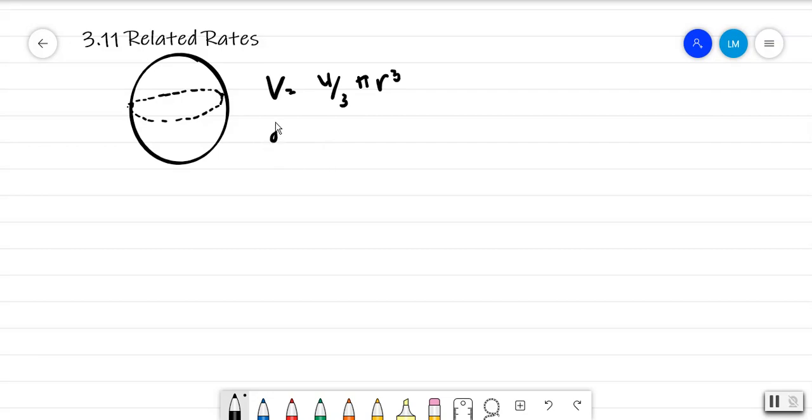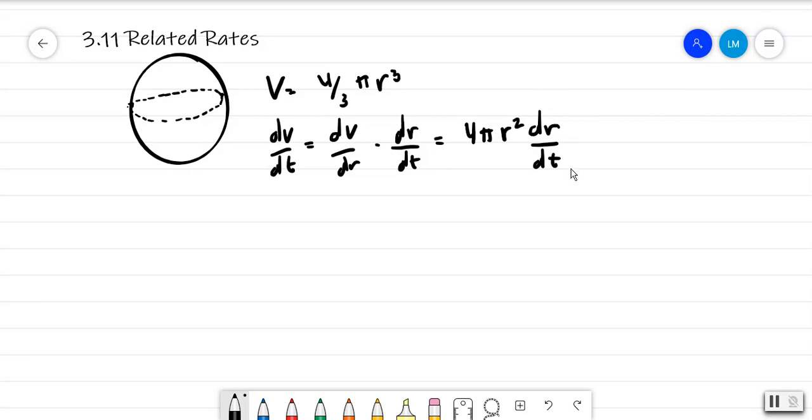But if I want to find dV dt, the rate of change of the volume, it's dV dr multiplied by dr dt. But this is going to be 4 pi r squared times dr dt, which basically means that I can solve for one of the two.